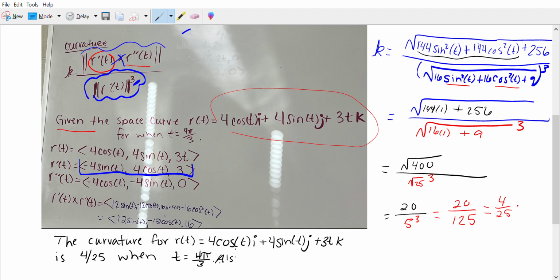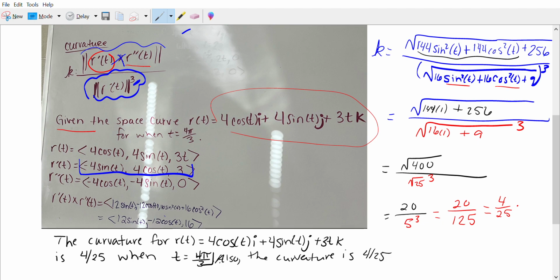Also, the curvature, now you could leave it right here. Curvature is 4 over 25 at every point, because this is a helix.